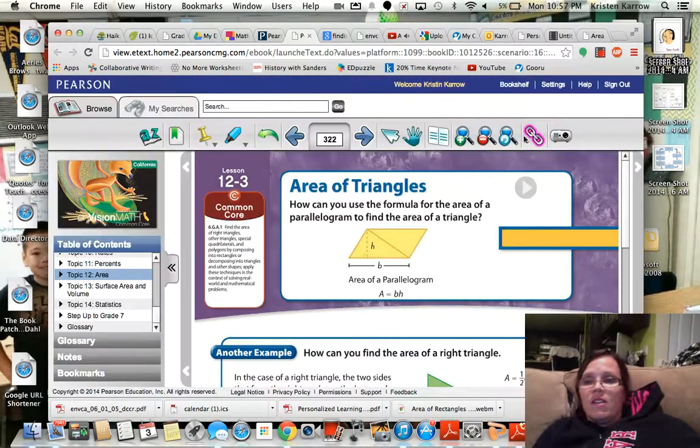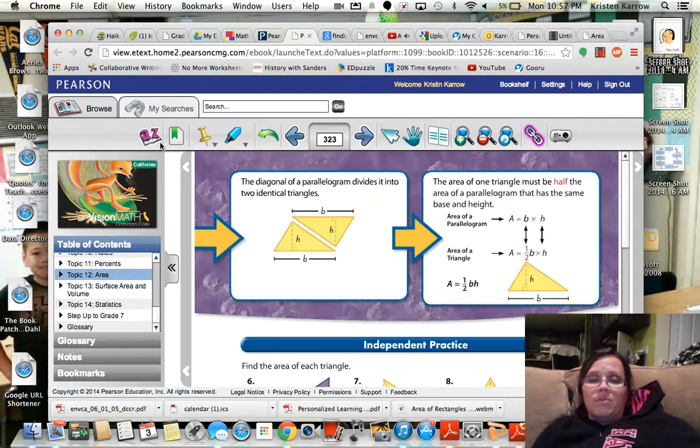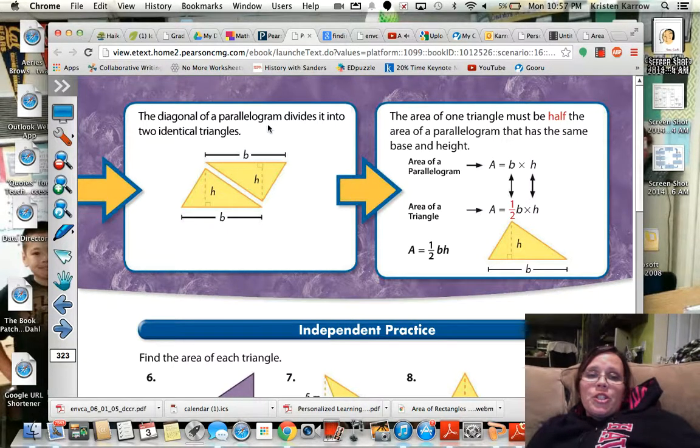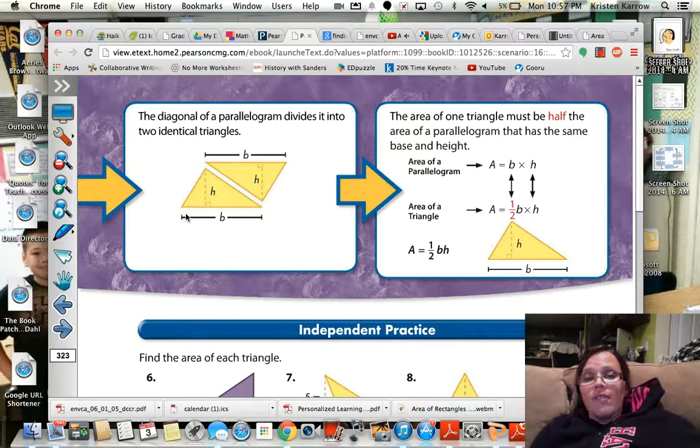Well, what they want you to see here at the top in your visual learning bridge is the diagonal of a parallelogram also creates two identical triangles. They're exactly the same. Now these two triangles have a base.